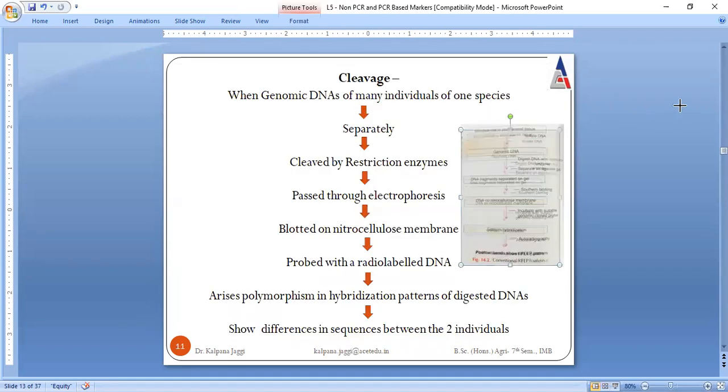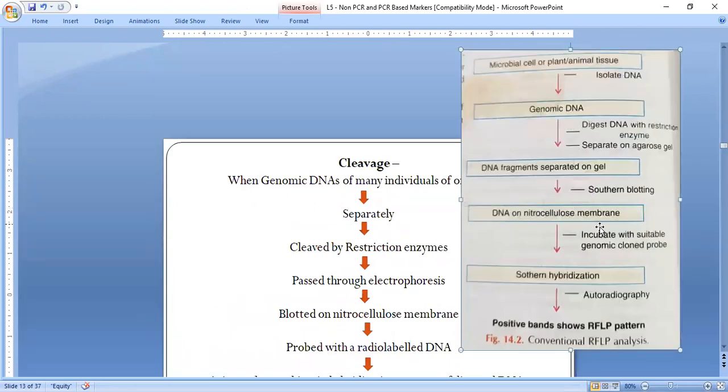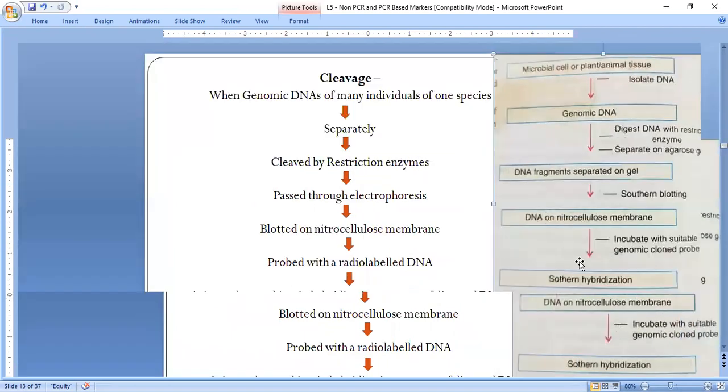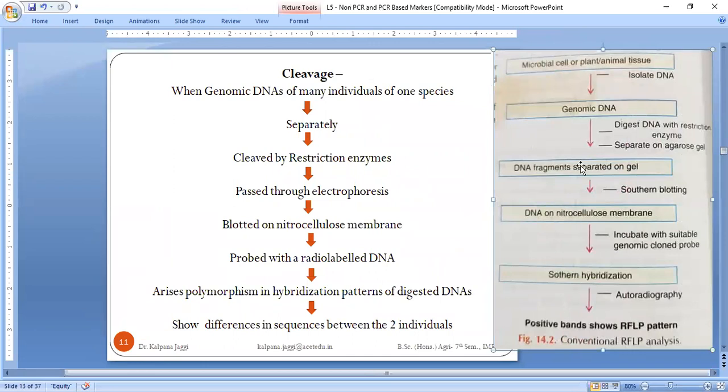So here what is done? If you could see this flow chart, again I'm explaining the procedure only. If we see this flow chart, we had plant tissue or say animal tissue, depending upon your requirement. We isolated the DNA.